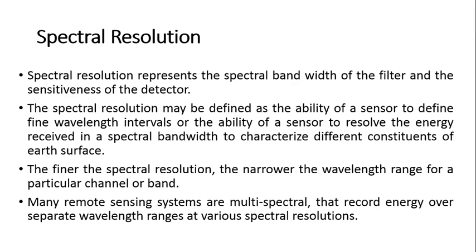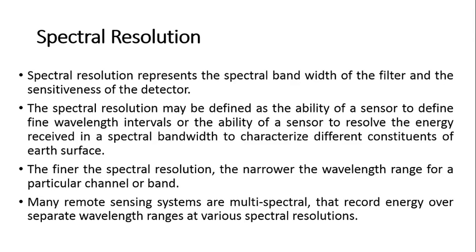Another example is the MODIS sensor, which is on board the Aqua and Terra satellites and uses 36 spectral bands. These 36 spectral bands include three bands in the visible spectrum.